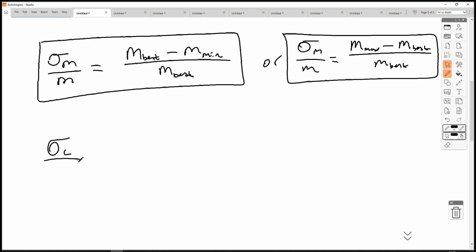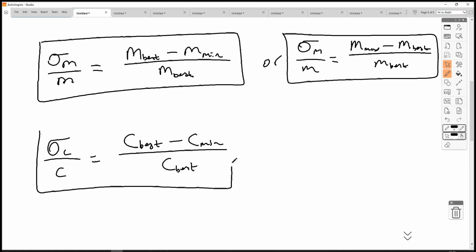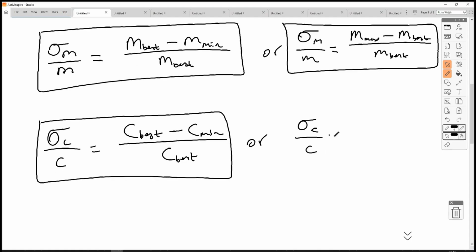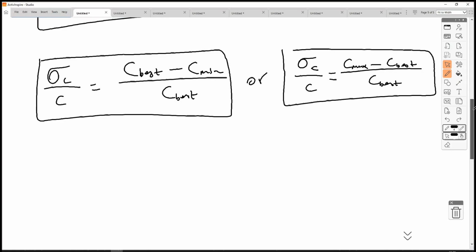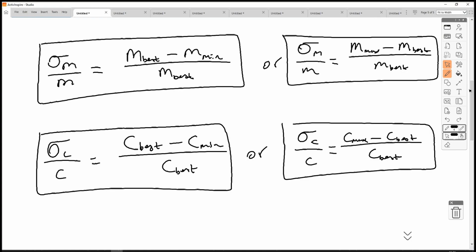So sigma c over c equals c best minus c min all over c best, or sigma c over c equals c max minus c best over c best. And that ends topic 1.2.